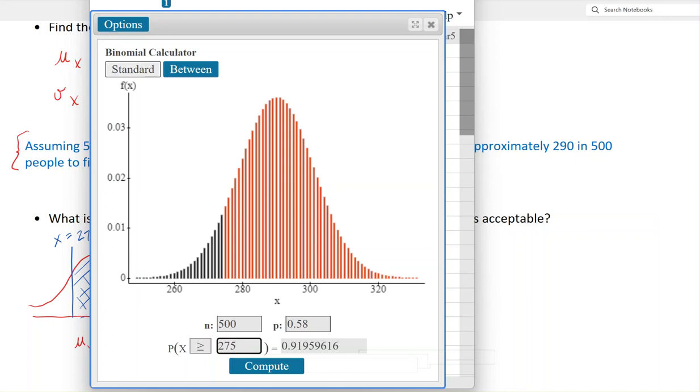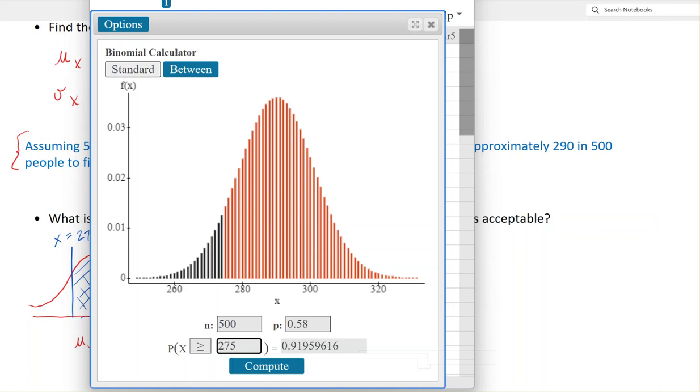Now, one other thing I would point out here, do you notice the color? Here I have a normal distribution curve like we were just drawing on our own paper, and I have two colors, a red and a black. And I hope you notice that the separating line between the black to the left and the red to the right is that 275 number that we're using.